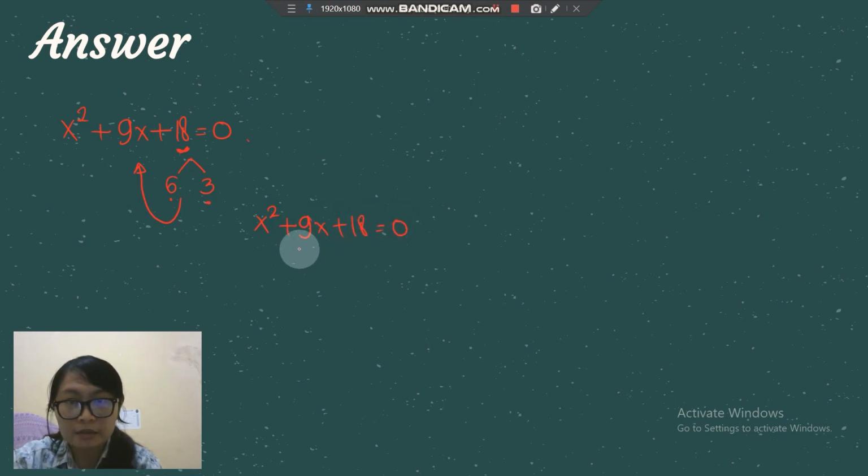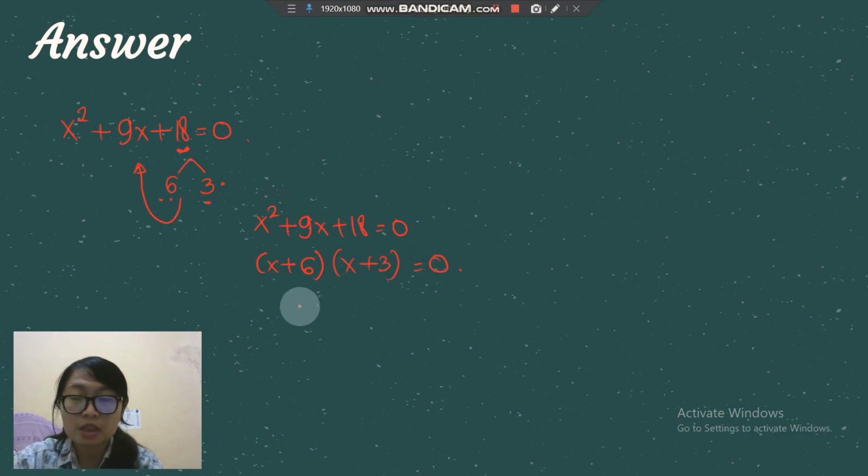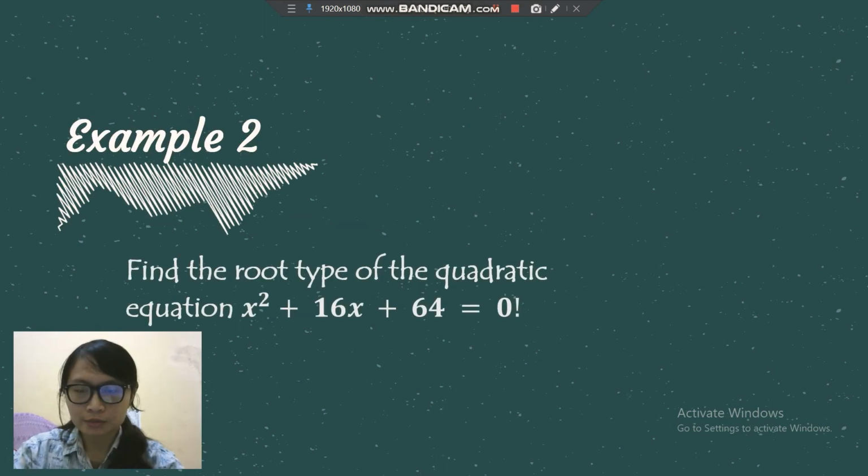From this we can factorize: (x plus 6)(x plus 3) equals 0. Then we get the roots of this equation: x equals minus 6 or x equals minus 3.